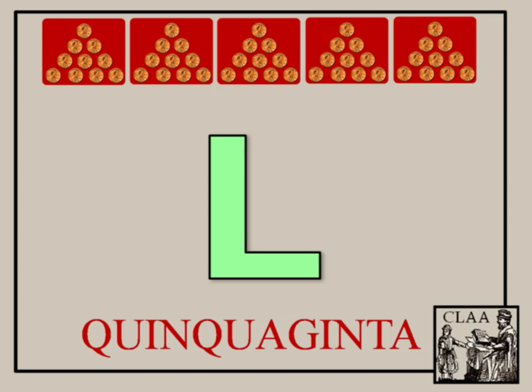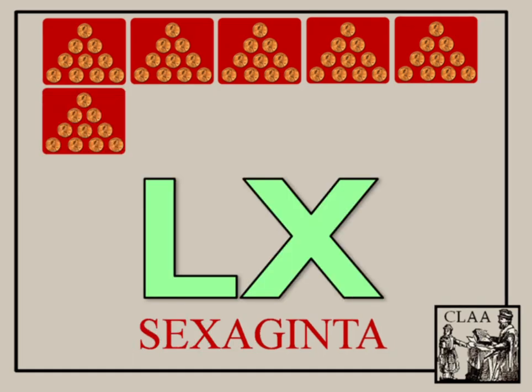To count from quinquaginta is very simple. Quinquaginta unus, quinquaginta duo, quinquaginta tres, and so on, just as before. 50 is quinquaginta. In English, if we have 6 sets of 10, we say that we have 60.